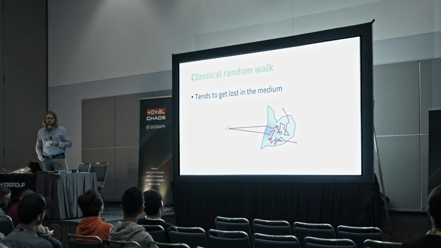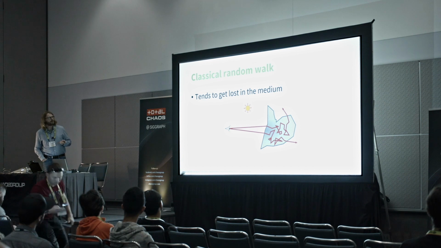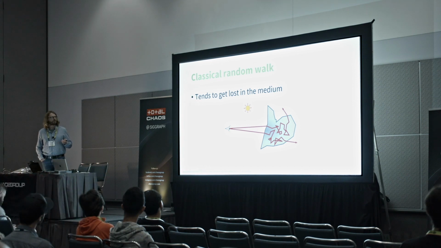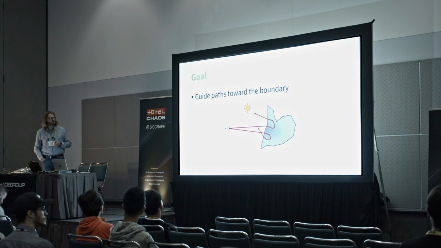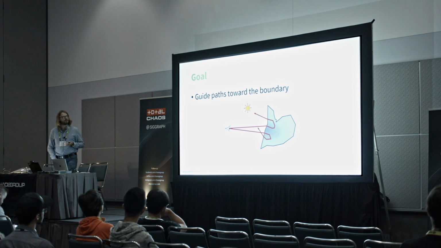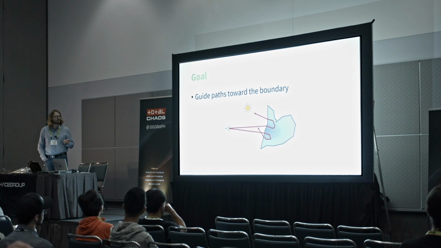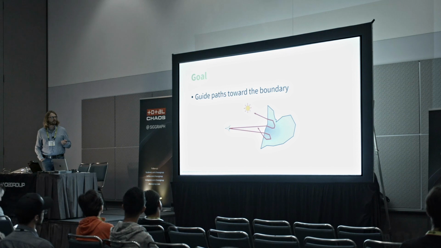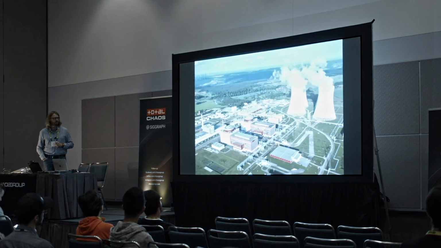Unfortunately, if you do this in a naive way, much of the light tends to get lost and never actually makes it to the surface, but that's unfortunate because that's where the light is actually going to come from. So what we would like to do here is to somehow inform the simulation that it should be going toward the light source, so that we can do what we are trying to do, which is establish some kind of a connection between the camera and the light source.